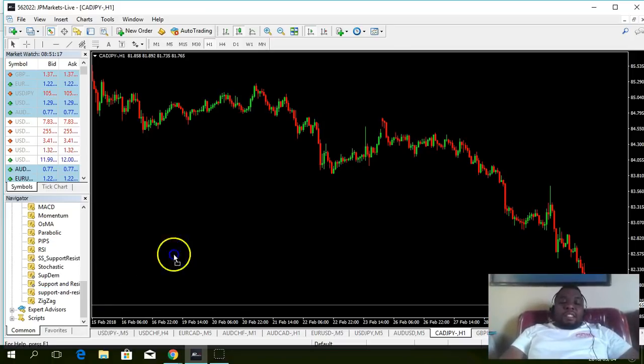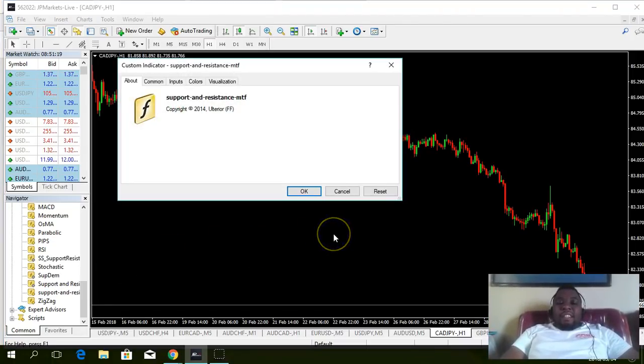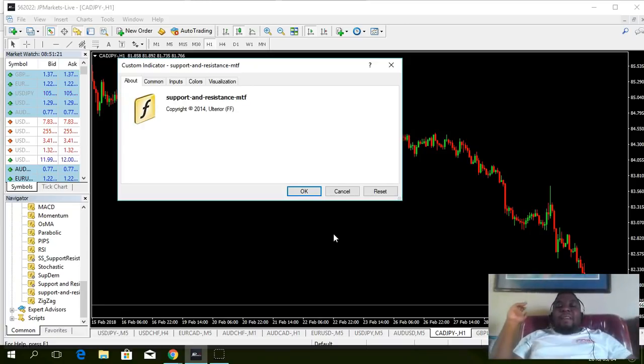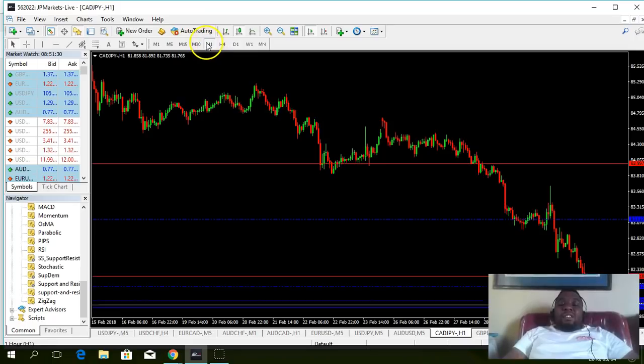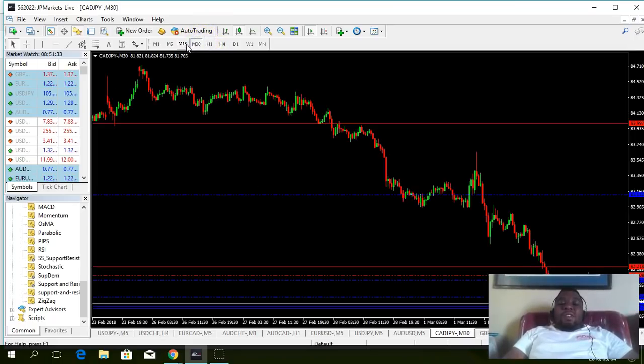Okay, I'm gonna take this indicator. Basically, this is a multi-time frame support and resistance indicator. This indicator just writes support and resistance for you automatically. So it's a very good indicator.